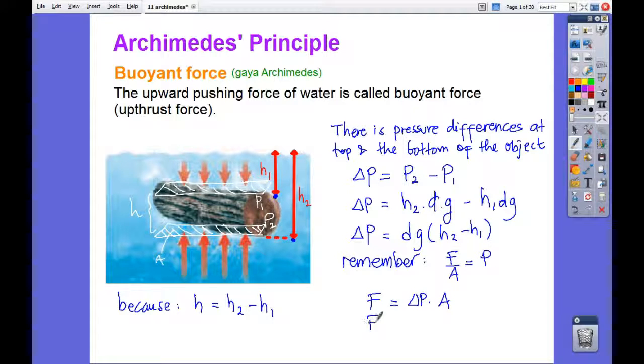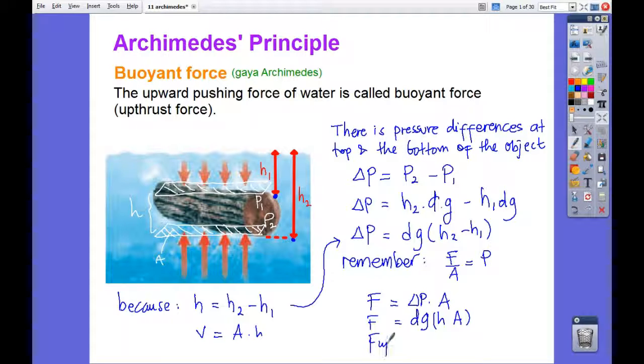So delta P times A is dgh times A, because H2 minus H1 is h. We know that the volume is base area times the height.